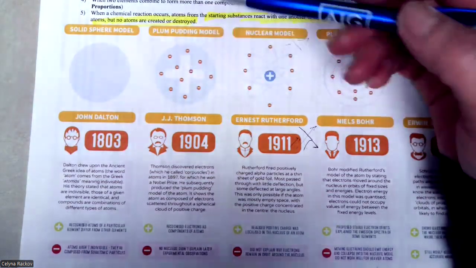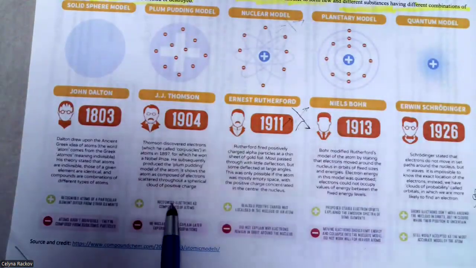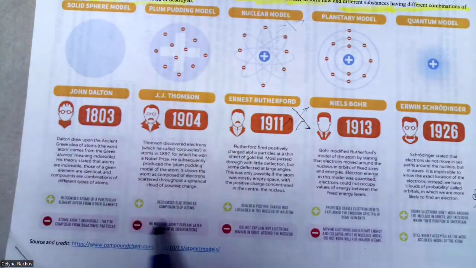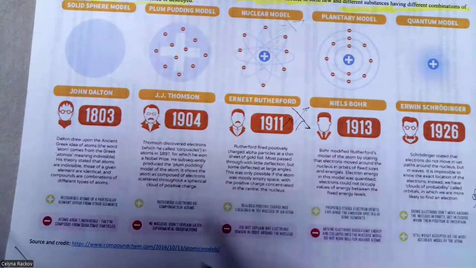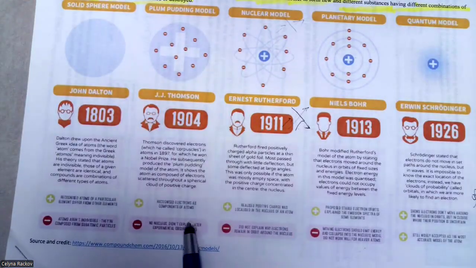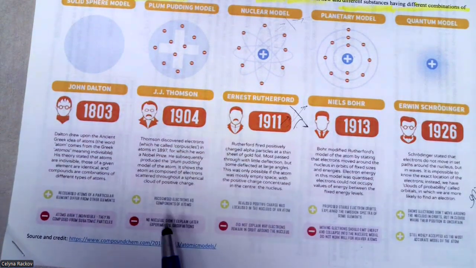It looks like a pudding. The positive was that he recognized electrons as components of atoms, but he did not explain anything about the nucleus here.